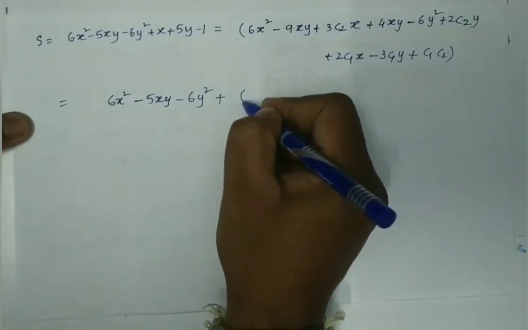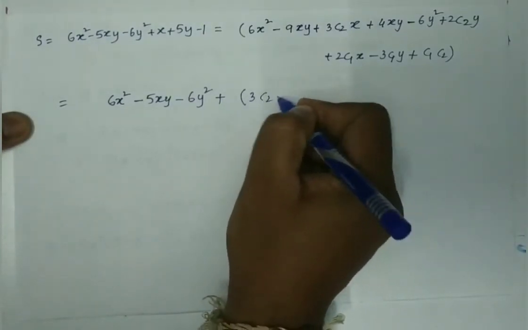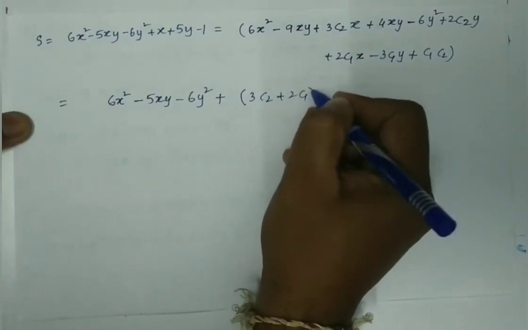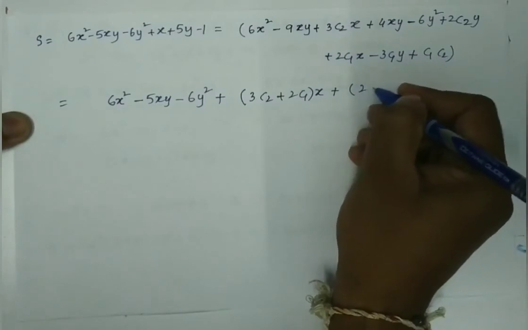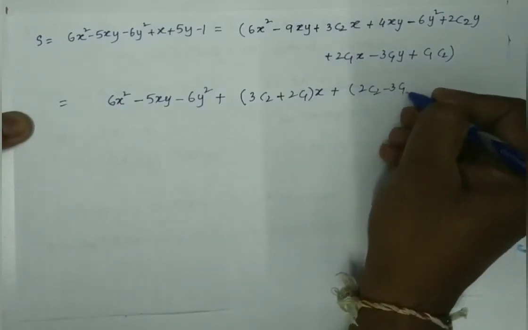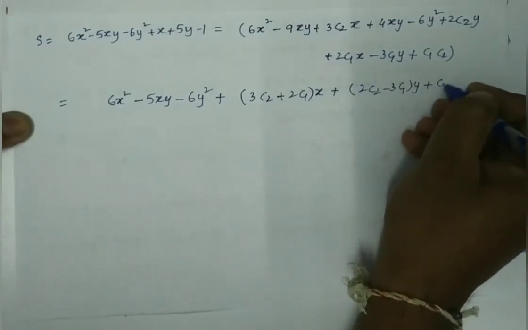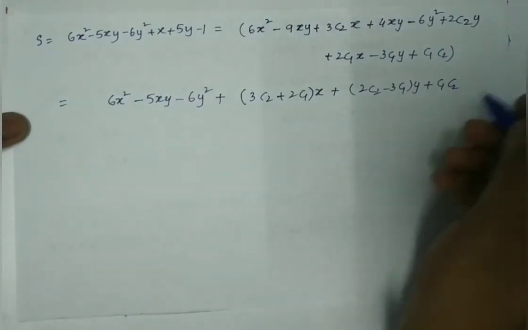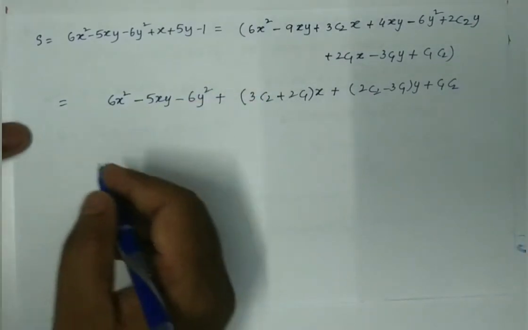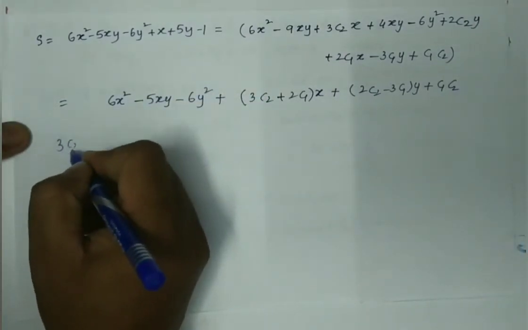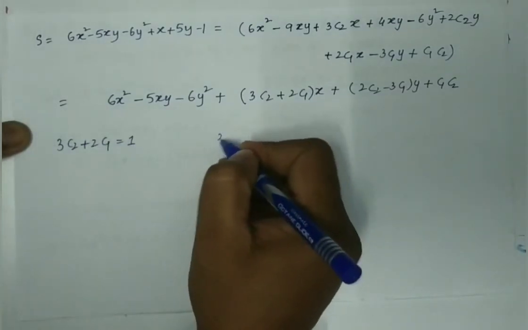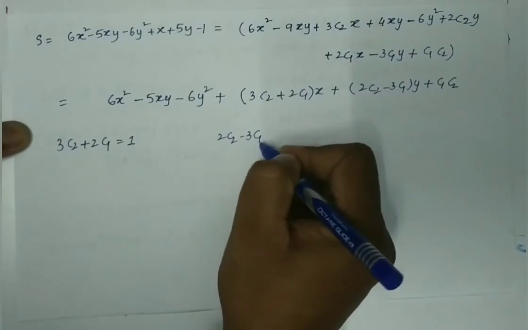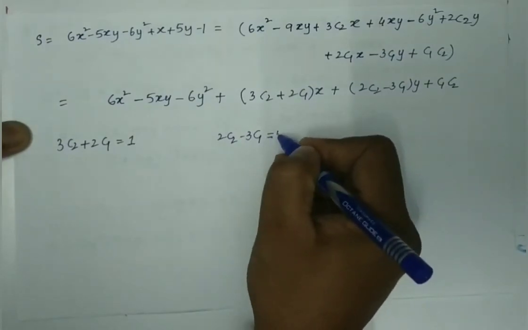We get (3c2 + 2c1)x, and taking y as a common factor, (2c2 − 3c1)y + c1c2. Now let us compare coefficients on both sides. So we get 3c2 + 2c1 = 1 and 2c2 − 3c1 = 5.